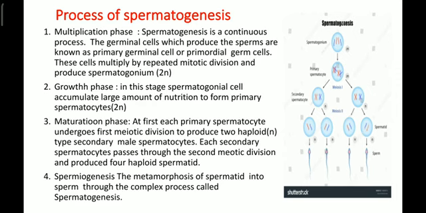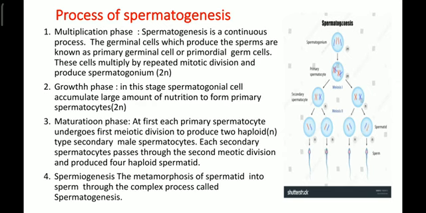The human testis is composed of many seminiferous tubules, which are lined by cells of the germinal epithelium, and the spermatogenesis process is completed in 4 successive stages. Now let's discuss the 4 stages briefly. Number 1, the multiplication phase.